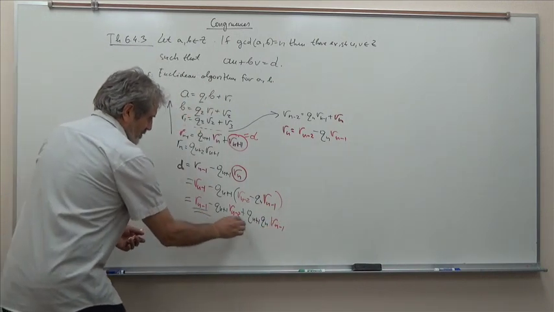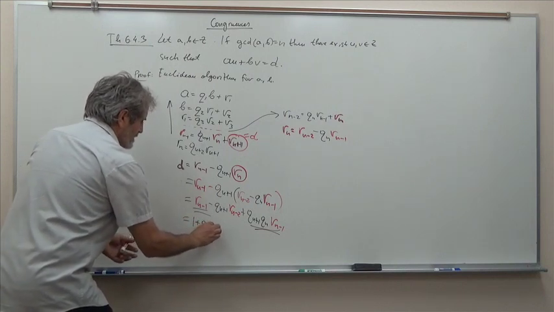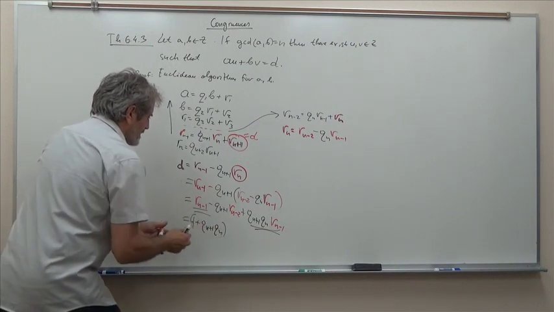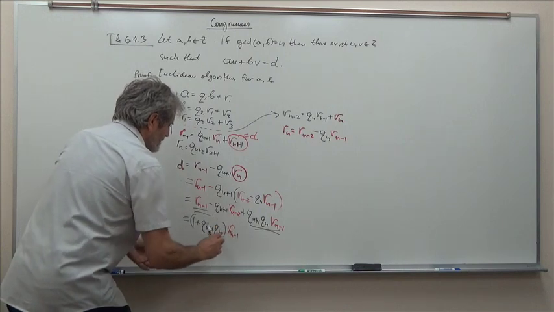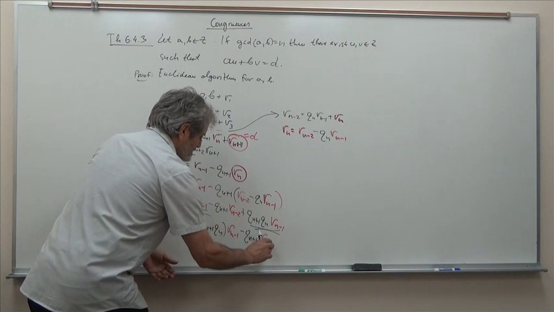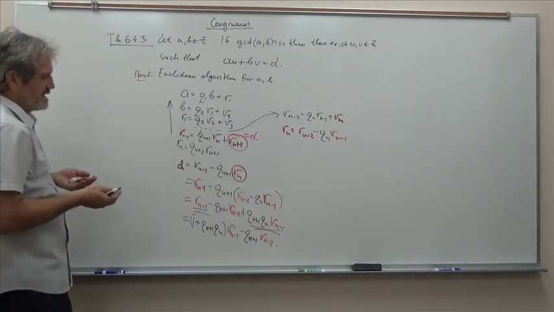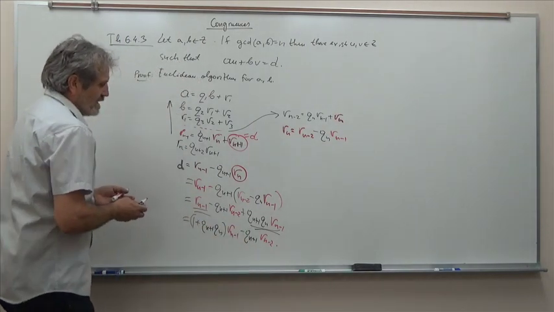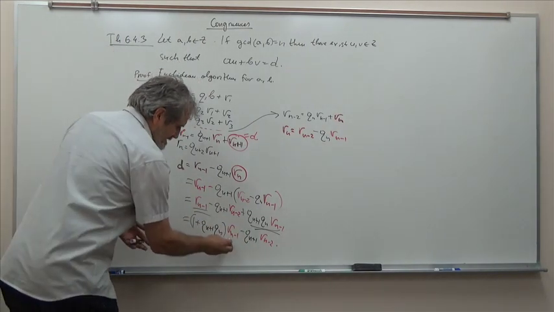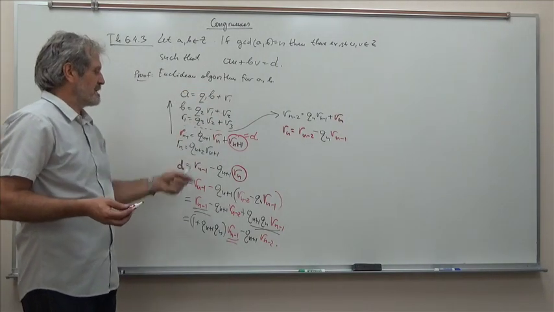Then these two could be combined, so it would be 1 plus Qn+1 Qn, times Rn-1, minus Qn+1 Rn-2. So what happened? Now I have the other members, n-1 and n-2. Who is younger among them? This one is younger, he has a higher index, so he could be traded using the next line, and so on.